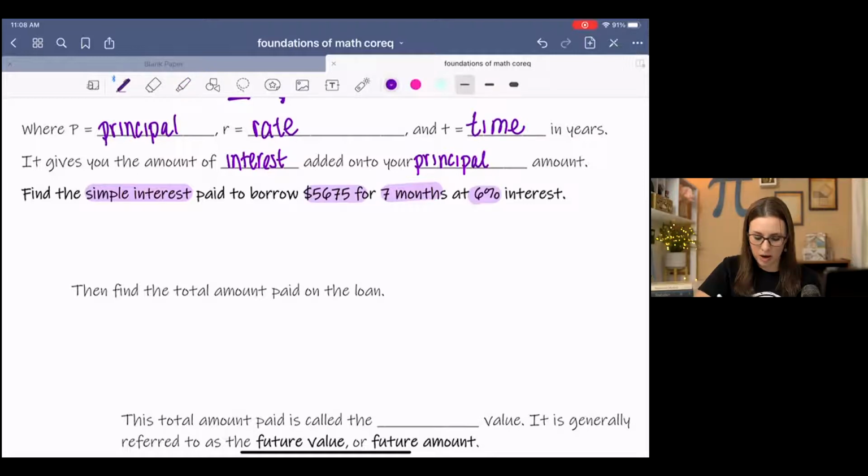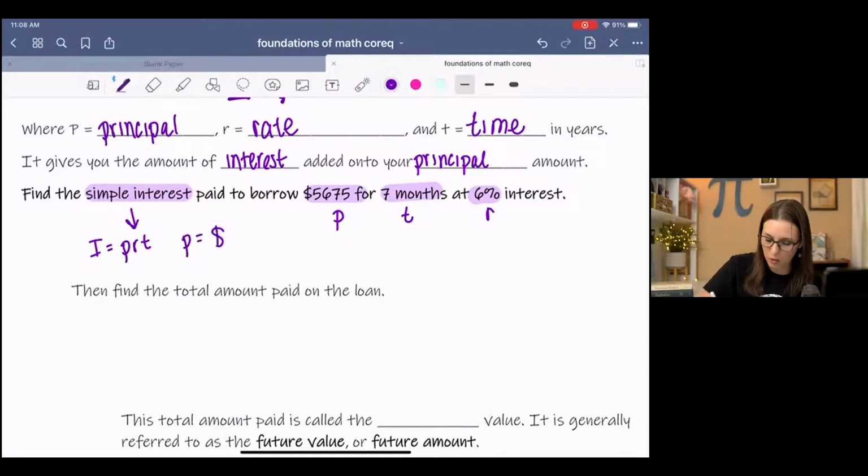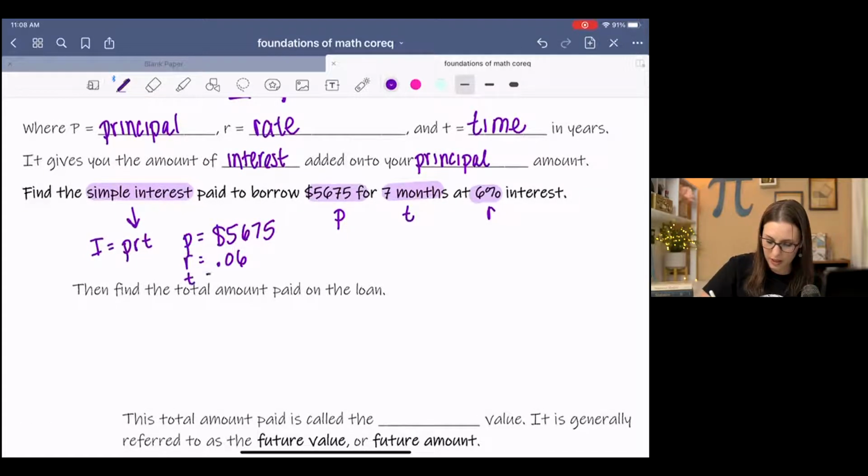We're talking about simple interest, which is a formula where we need P, R, and T. Oftentimes it helps to rewrite that out. P equals 5,675. R is a rate as a decimal. And T is supposed to be a time in years.